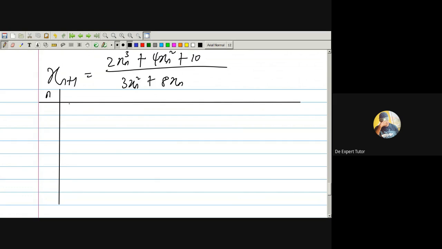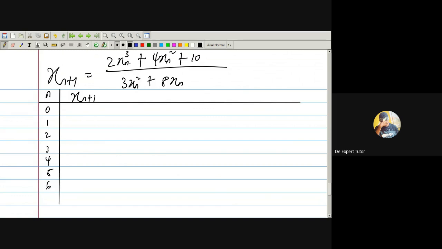So n from 0, 1. So xn plus 1, which is the whole of this, everything. Okay, let's go. When n equal to 0, don't forget, I'll be having x1 equal to, if I put n to be 0, now configure this in your calculator first.